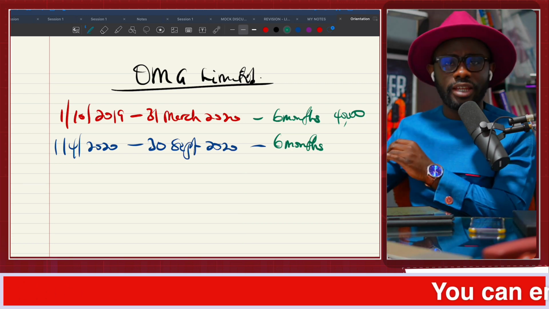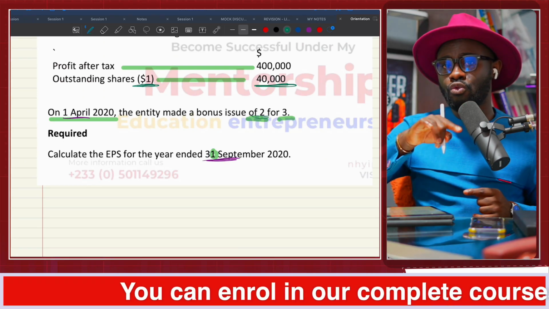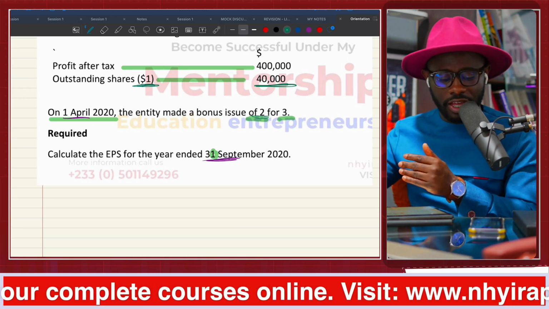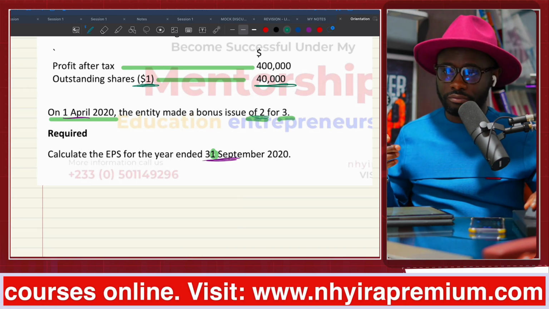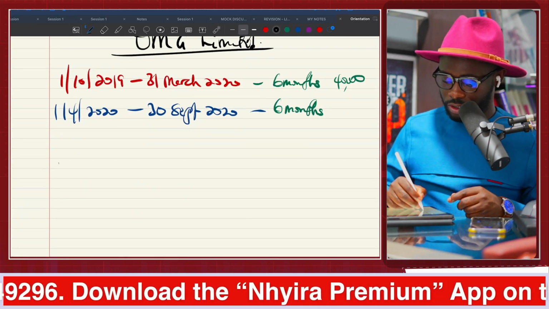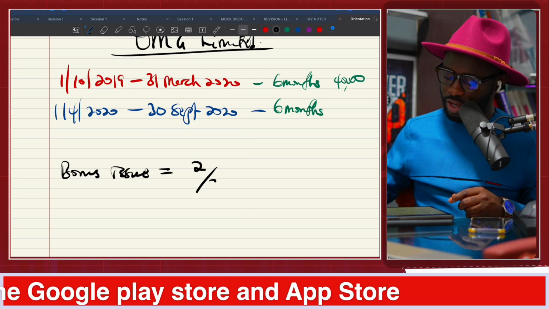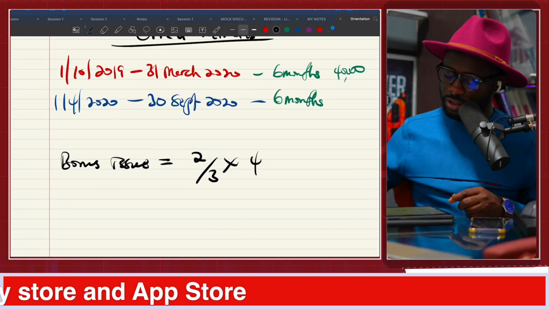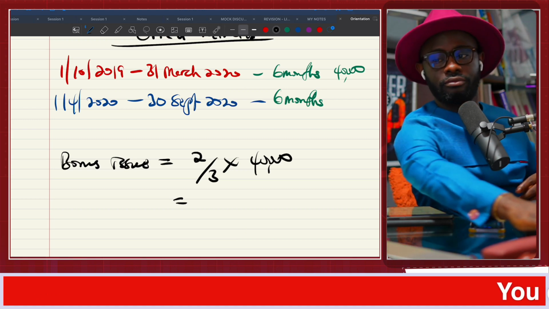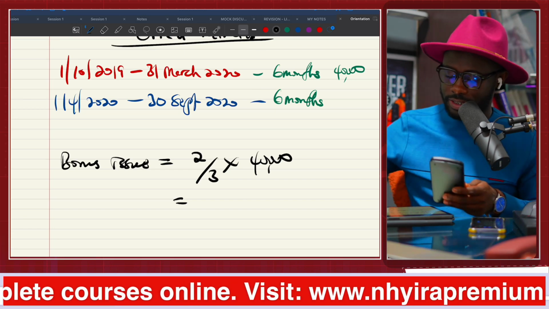Now, how many shares will be coming? Stay with me. They said they did an issue of 2 for 3. So we give you 2 new shares for every 3 that you are already having as a shareholder. So what does that mean? It's going to be 2 over 3 times the number of shares outstanding, 40,000. So we punch that out, and I'm getting 26,667.